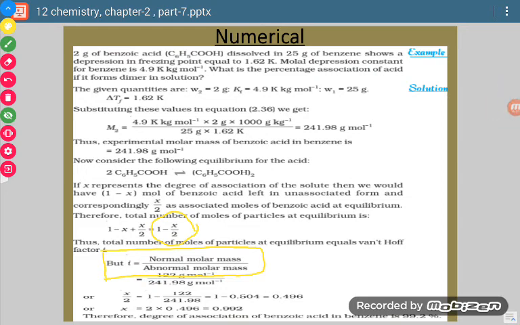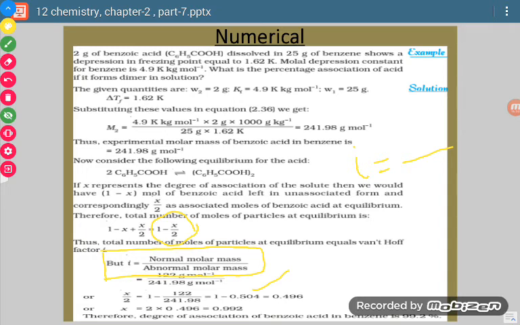Okay. Now see, don't get confused about what we have done. You know that i is equal to the total number of moles after association or dissociation divided by the total number of moles in the beginning.